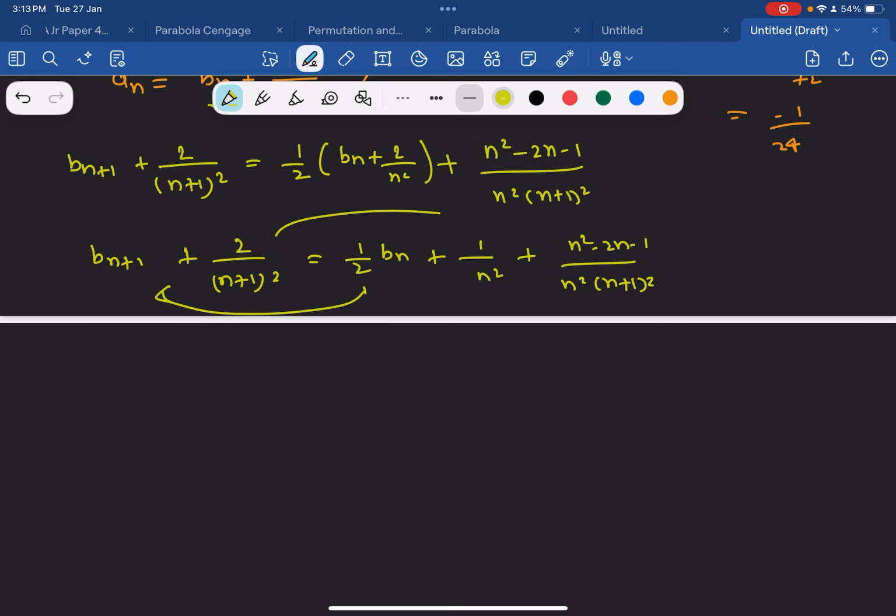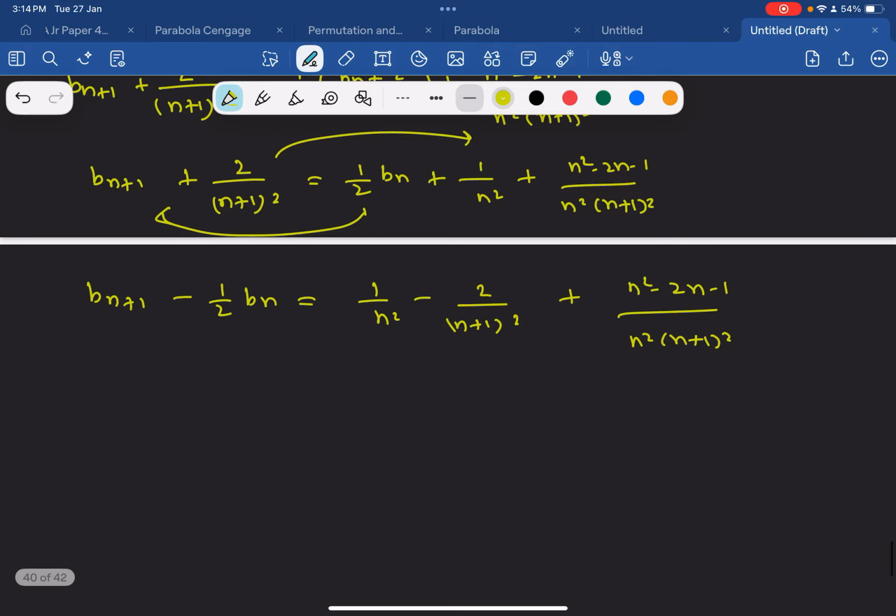So what I can do is take this number to one side, and every other number will be on the right hand side. So B(n+1) minus 1 by 2 Bn equals 1 by n square minus 2 by (n plus 1) whole square, plus (n square minus 2n minus 1) upon n square (n plus 1) whole square.